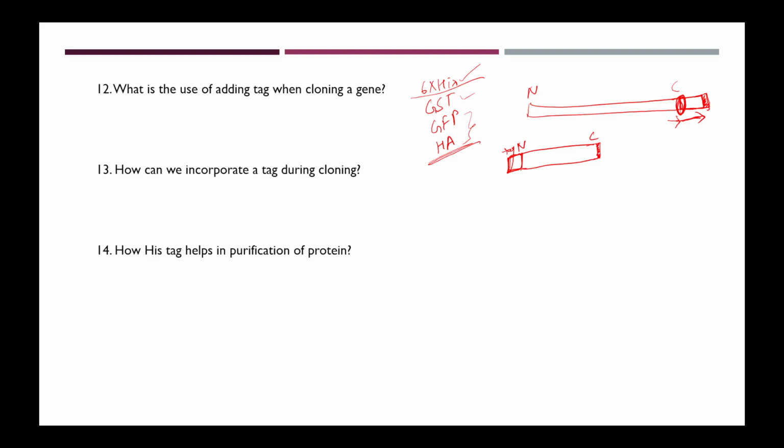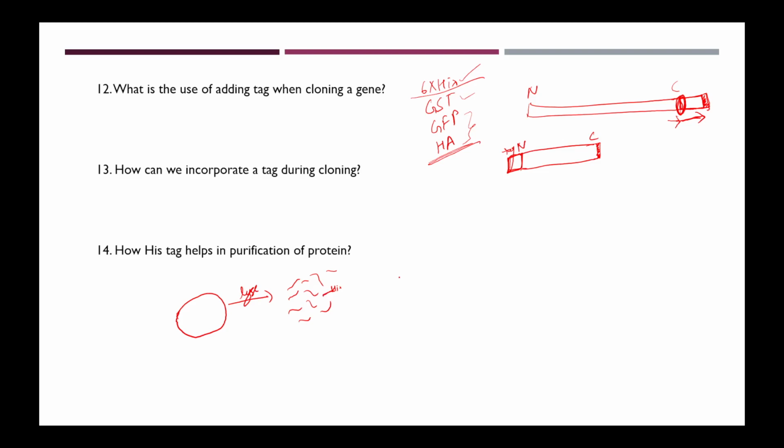Yeah. What does nickel NTA do? Ma'am, nickel NTA is basically a nitrilotriacetic acid column, which basically binds histidines. Yes, histidines. So if you lyse the bacterial cell, you'll get all the proteins of the bacterial cell, including your desired protein, and other proteins will also come.